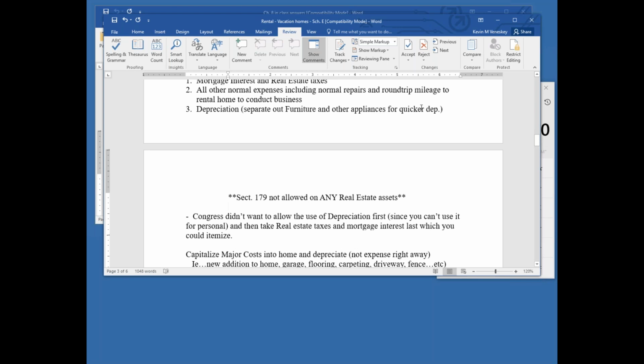Whereas the actual home and the roof and different things in the garage, maybe if it's a separate structure, you have to depreciate those over 27.5 years. You don't want to have to depreciate your furniture over 27.5 years. It's not going to be there that long. So that's why they allow you to depreciate that. You can separate those items specifically out of the house value and do those separate compared to the actual structure.